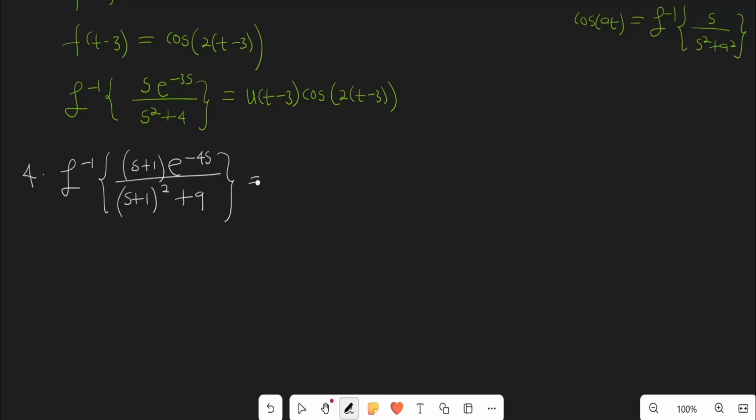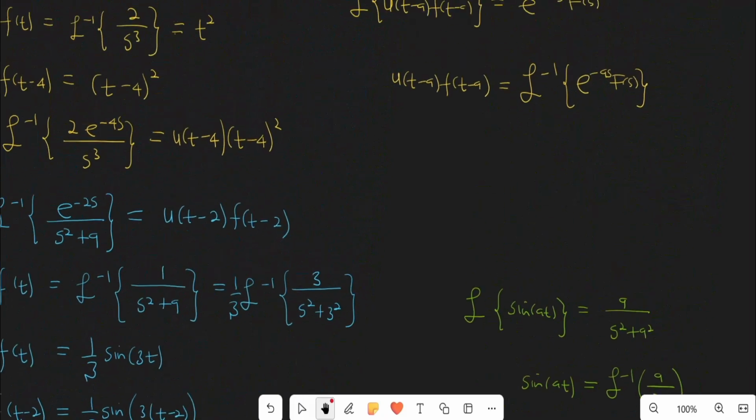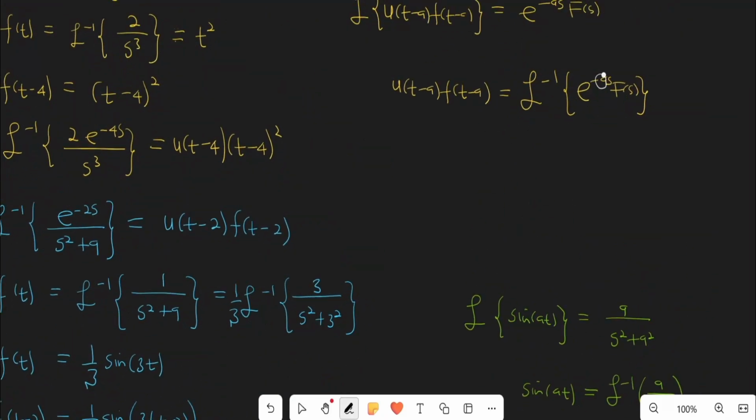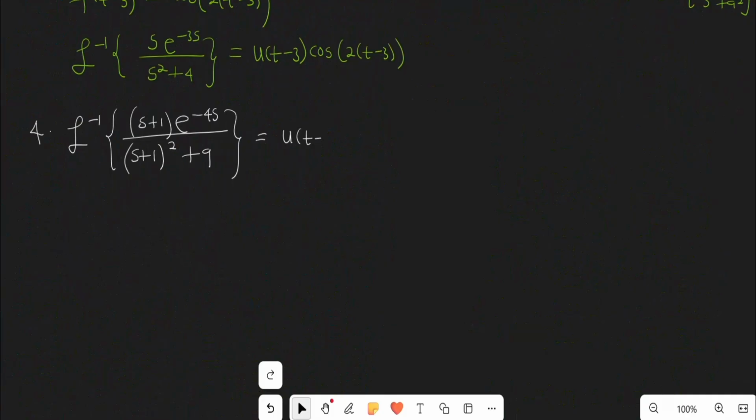Remember, this one is equal to the unit step function, that is u of t minus a. What is a in this case? So a is always the constant in the exponential function. So when we go to question 4, the constant in the exponential function is going to be 4.